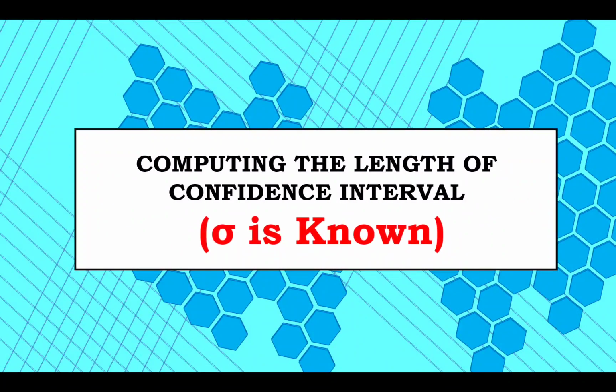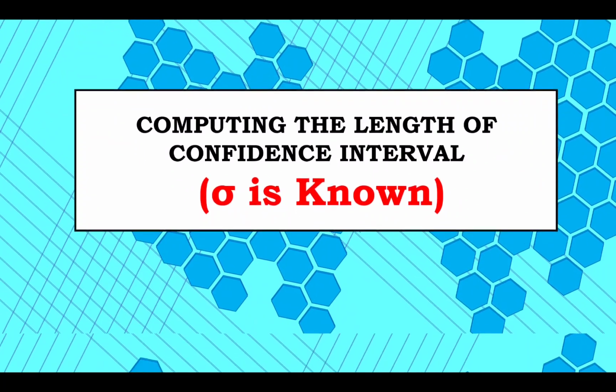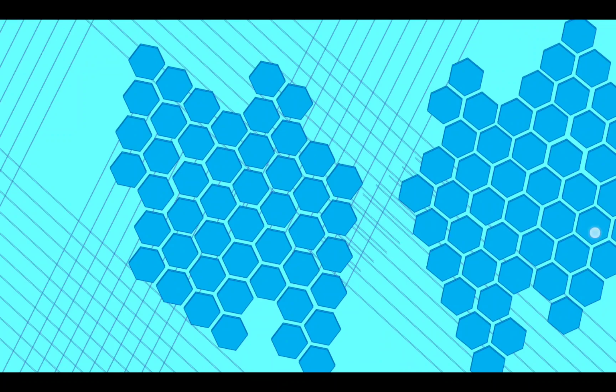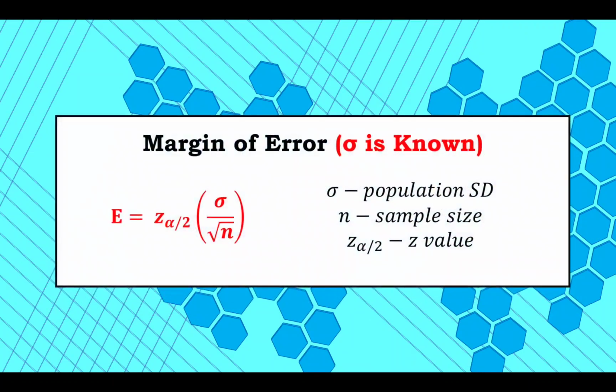We're going to compute the confidence interval when the population standard deviation is known. And the formula to be used for the margin of error is error is equal to z alpha over 2, which is the z value, multiplied by the population standard deviation divided by the square root of n, which is the sample size.